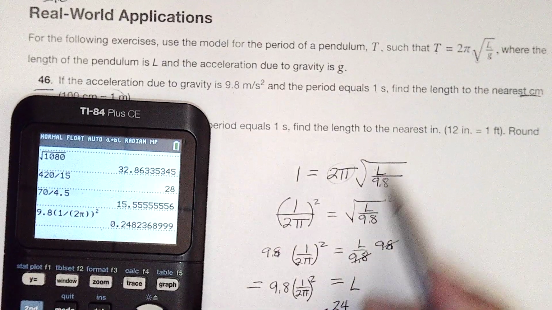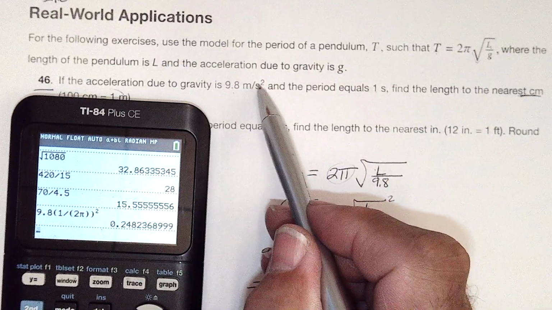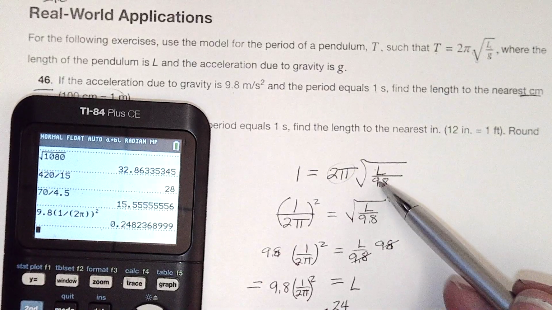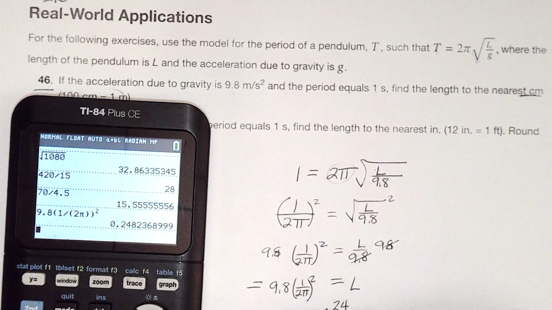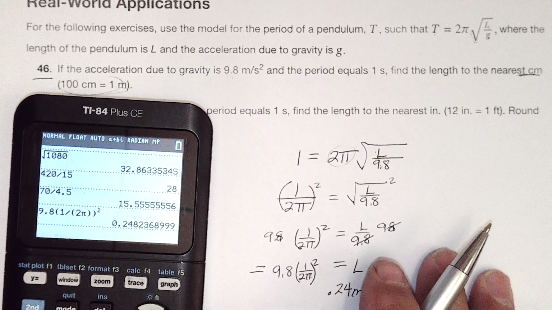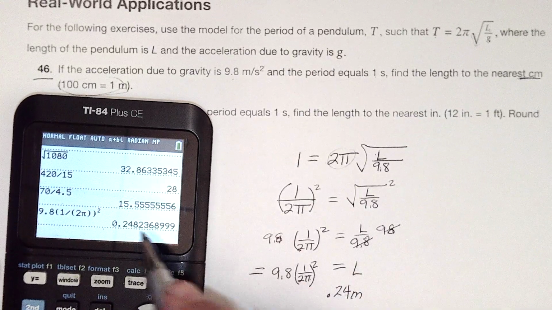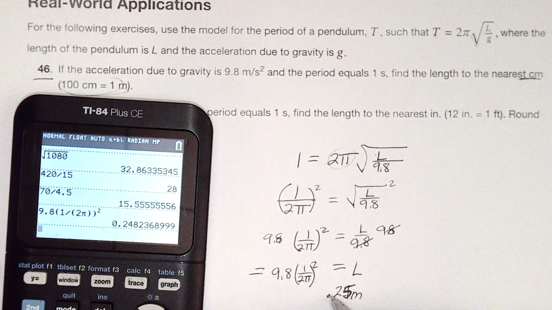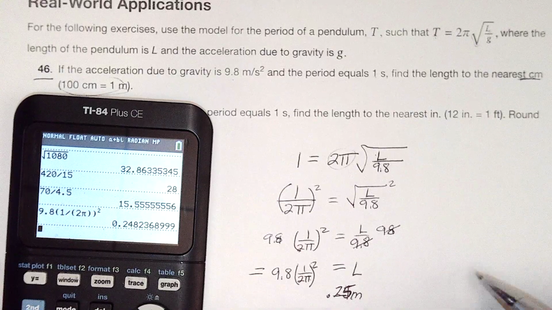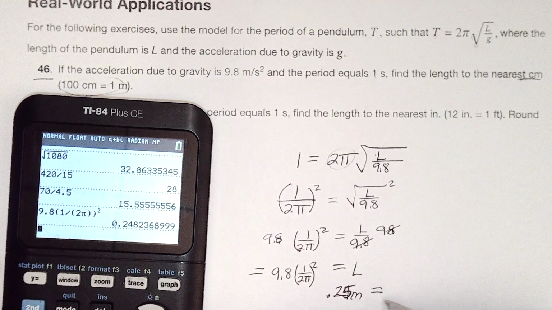but since gravity is in meters per second, that means everything in this equation is done in meters, and so this is meters. Actually, that rounds to 0.25. So I basically got 0.25 meters, or a quarter of a meter, and a meter is 100 centimeters.